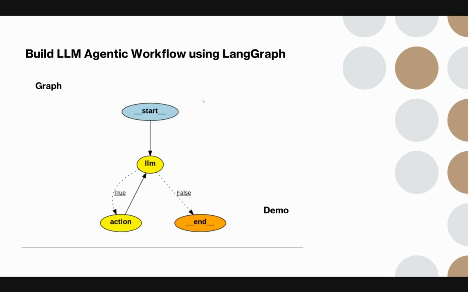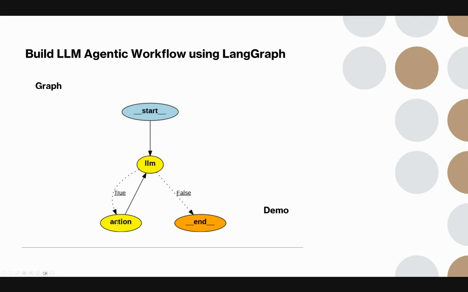And this is an example of a LangGraph. Basically, you have a starting point where you feed in questions to the LLM. In this case, it's a simple two-step one, but it can be complicated. You can build any graph you want, but this is a simple one. Here you have the LLM, and the LLM does some reasoning, the thinking aspect, and then your code will do the action.